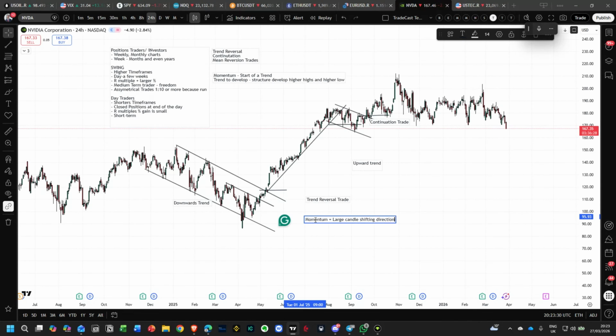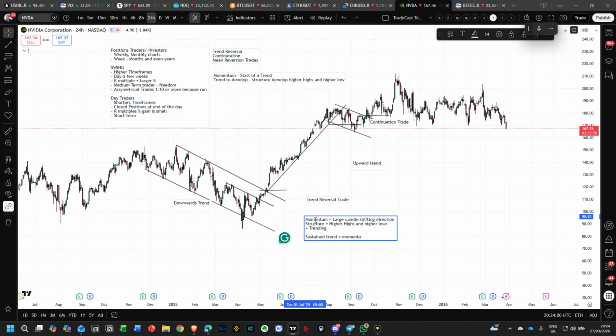Then we have structure, which again shows momentum and where it's directed, with higher highs and higher lows, and this all leads to a developing trend. Now, to sustain that trend, you also need momentum.